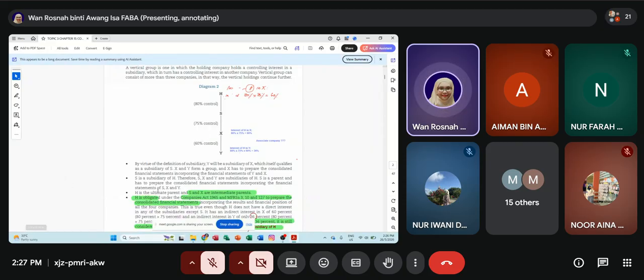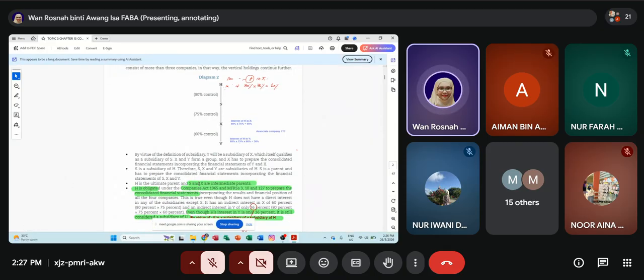So when we look at this explanation, by virtue of the definition of subsidiary, Y will be a subsidiary of X, which itself qualifies as a subsidiary of S. X and Y form a group, and X has to prepare the consolidated financial statement, which consists of the financial statements of Y and X. S is a subsidiary of H, you can see the direct ownership here.